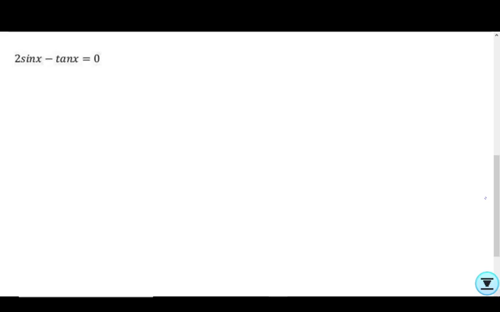So what we're going to do is we're going to use this identity. We're either going to use this one, where tangent is sine over cosine, or even better, we could use this one, sine x secant x. And that's how I'm going to change it to make it easier on myself.